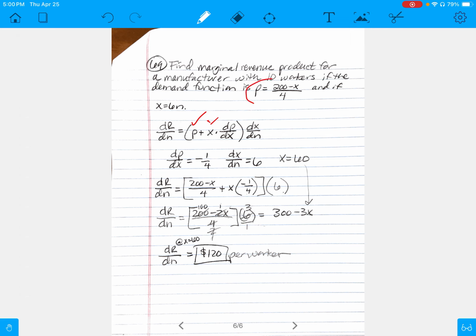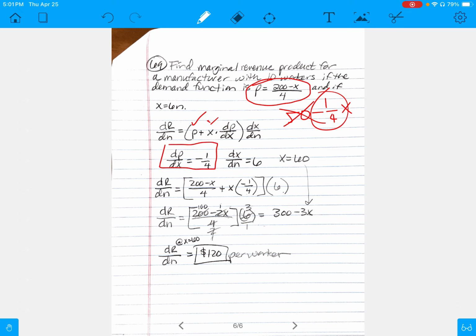If I go to the equation that's P equals, and I find the derivative of that with respect to x. Another way of looking at this function is 50 minus 1/4 x. That's actually the same thing as 200 minus x all over 4. Well, the derivative of 50 is 0. The derivative of negative 1/4 times x is just negative 1/4.